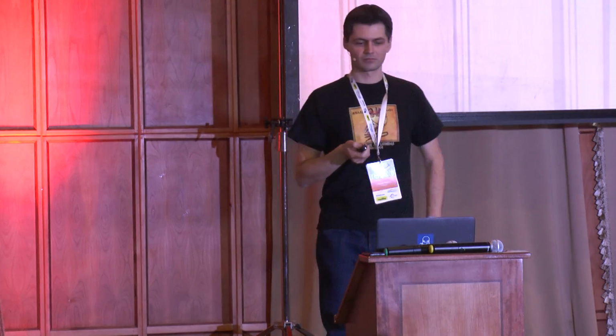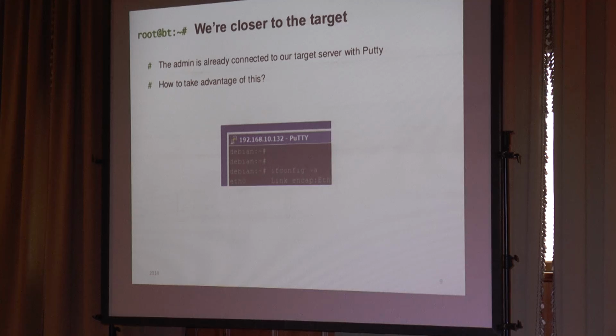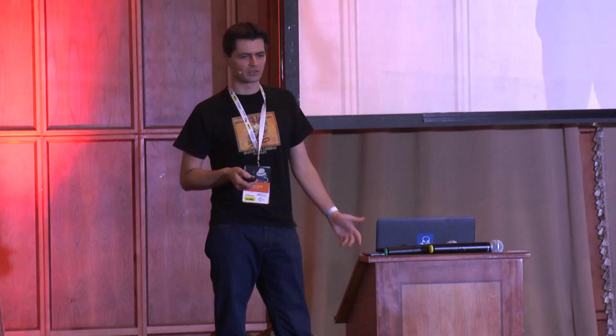And that IP address was one of our target servers. So at this point, we considered ourselves to be closer to our target, but we could not actually reach it.